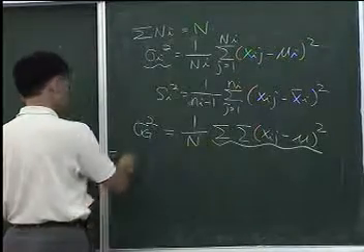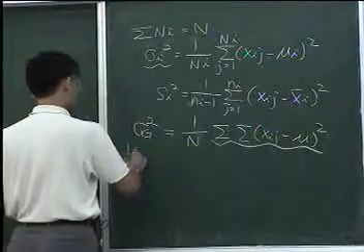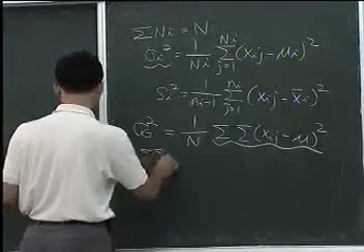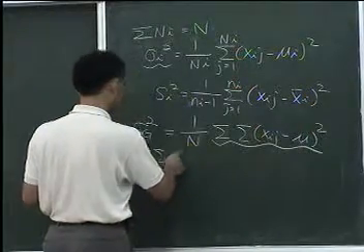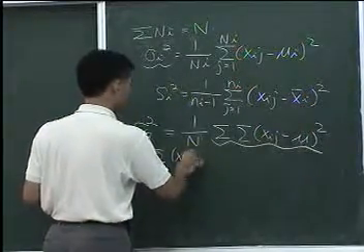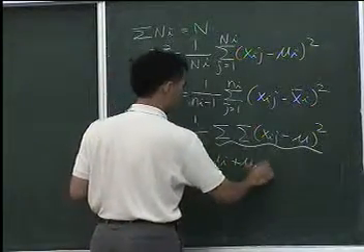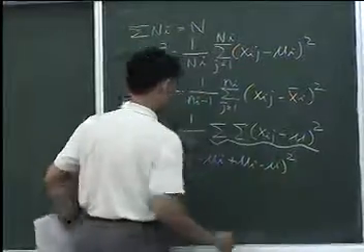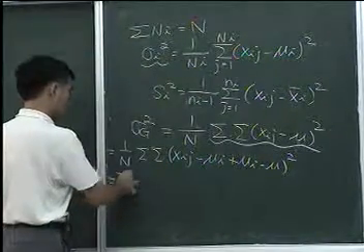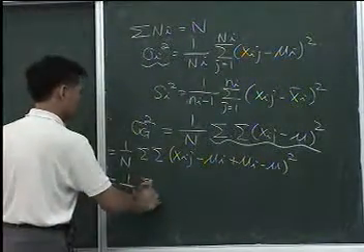We have 1 over n, summation xij minus mu i plus mu i minus mu squared, okay? The same thing again, summation.